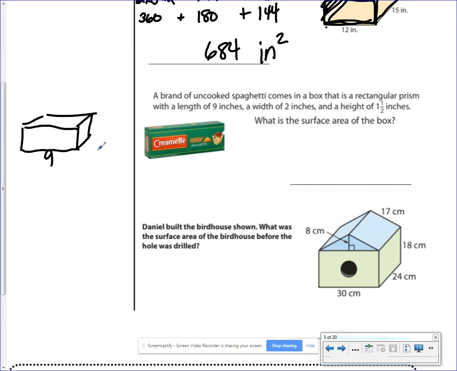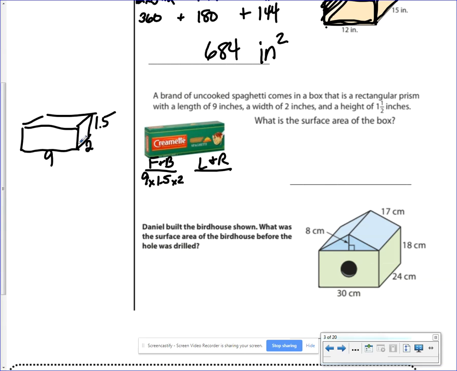Length of 9, width of 2, height of 1.5. Okay, so here are our combos. You have a front and a back. That's 9 by 1.5. And you have two of them. You have a left side and a right side.